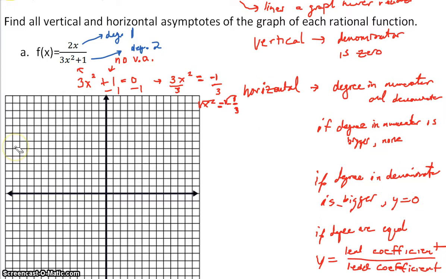Now, horizontal asymptotes are a little bit different than vertical asymptotes. A horizontal asymptote is something that you can cross, okay? But a vertical asymptote is one that you'll never cross.